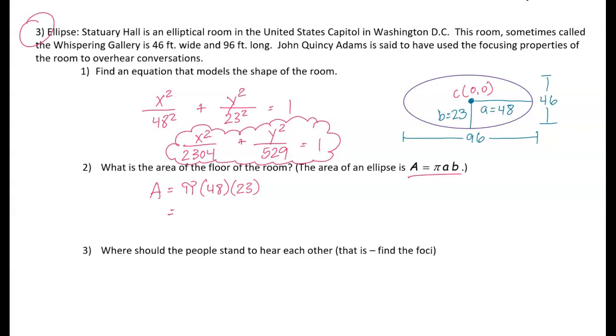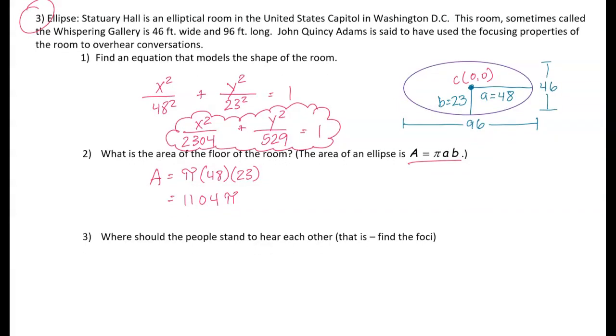And we multiply these together, and we get 1,104 pi. And what's our unit? Feet squared. Good. Feet squared.